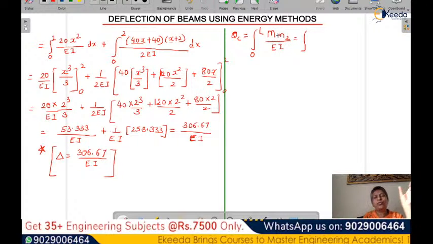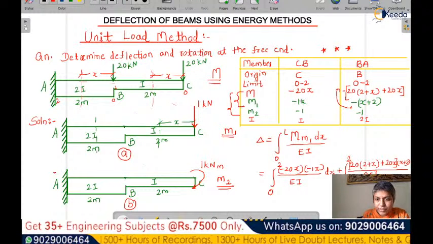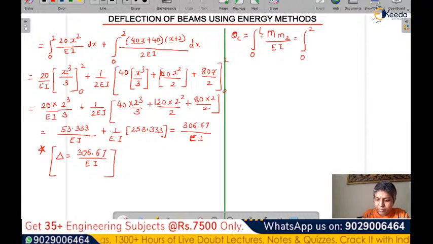Now there are two portions of the beam, C to B and B to A. For C to B, the limits are 0 to 2. So it is minus 20x into minus 1, so 20 into x into x, so we can simply write 20 into x square divided by EI.